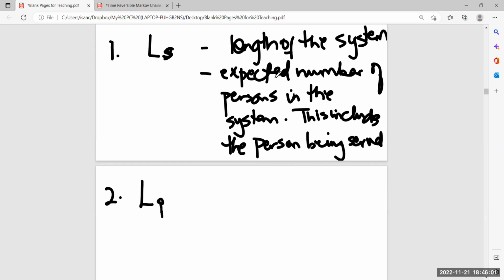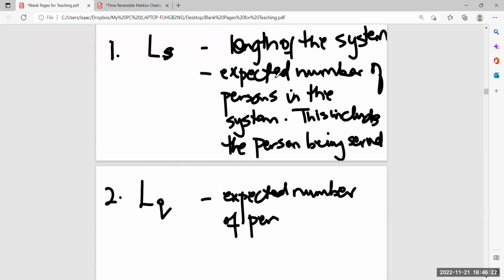Then it will be LQ. LQ is simply the expected number of persons in the queue, right? So the expected number of persons waiting for service.